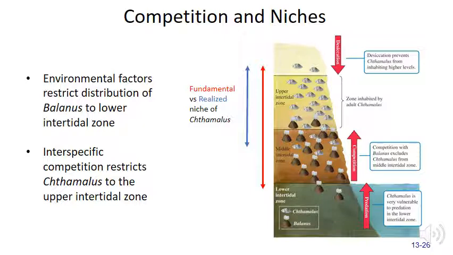Essentially the brown barnacles in this diagram are restricted to the lower part of the intertidal range because they're not very resistant to desiccation. But they're very competitive, and so their fundamental niche and realized niche is pretty much the same in this case.